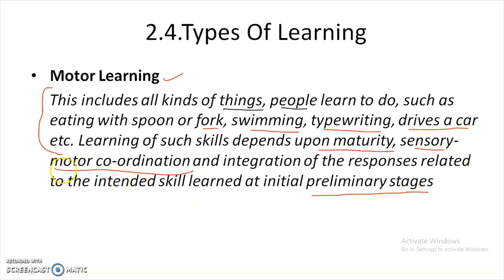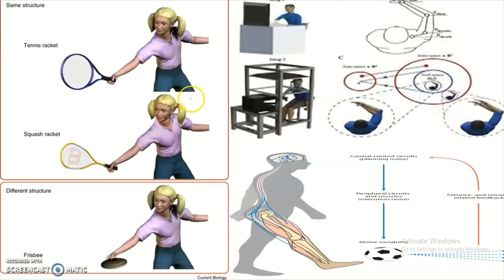Sensory motor coordination means, let's take the hand. Let's take this joint as the motor, and the sensory coordination means the coordination from the brain to here must be there. Whenever the coordination is perfectly maintained, only then will the perfect angle to hit the ball be achieved.